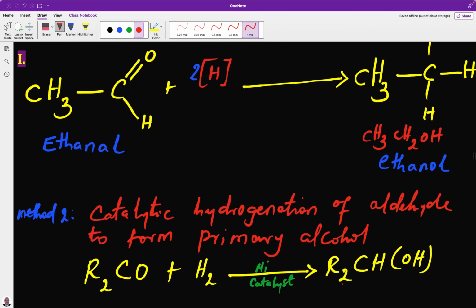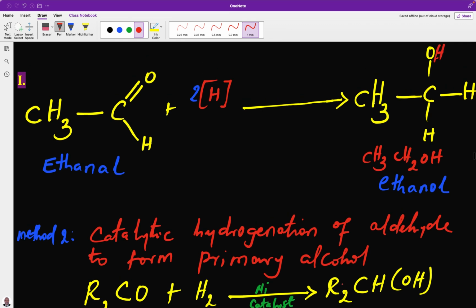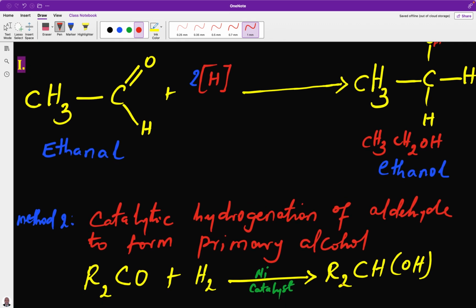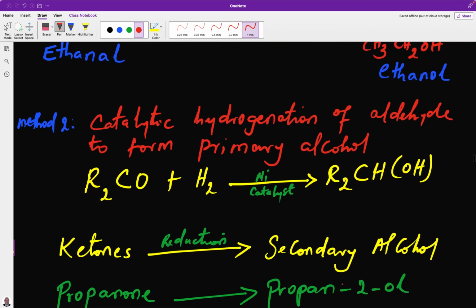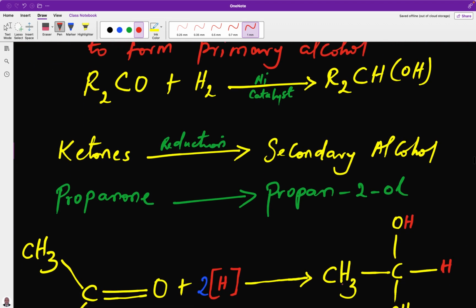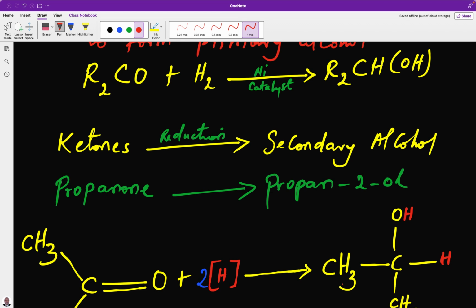Now, I said alternatively, another method you can prepare primary alcohol is by using catalytic hydrogenation of aldehyde. The catalyst was a nickel catalyst, and I've just given an example. Then we went further on how ketones could be reduced to secondary alcohol. Our example for ketone is propanone.